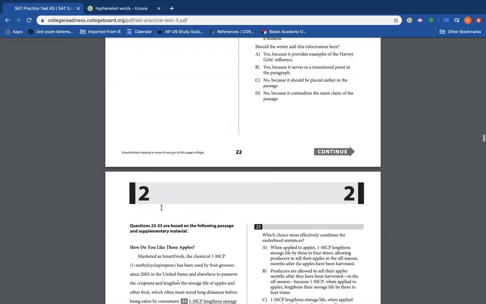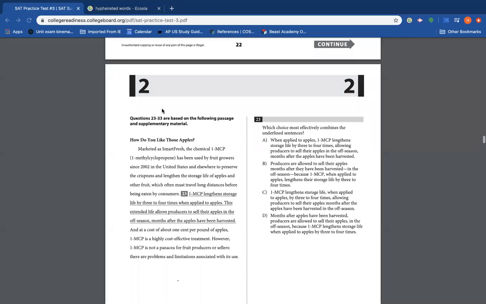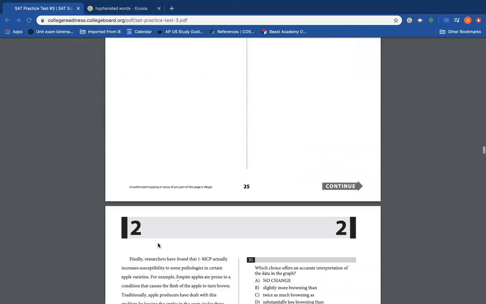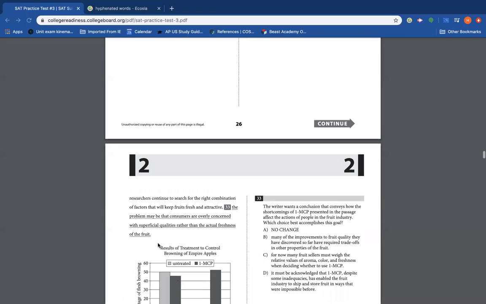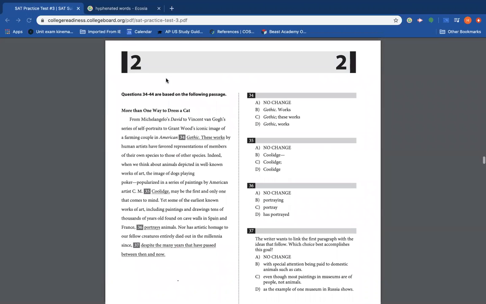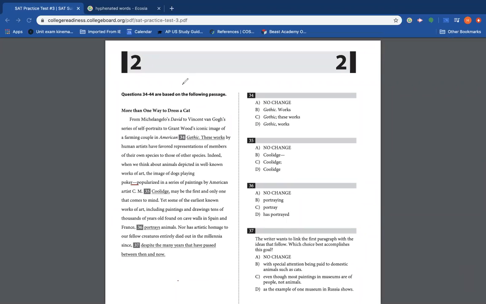Let's see if there's a dash somewhere here. Right over here, this is a dash. The difference between a dash and a hyphen is that hyphens are smaller and dashes are longer. So that's the visual difference.